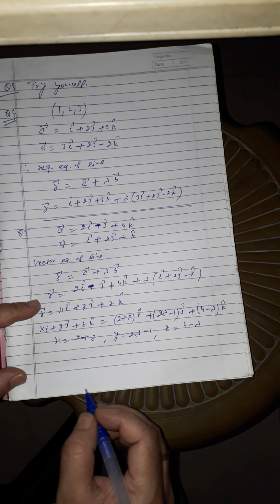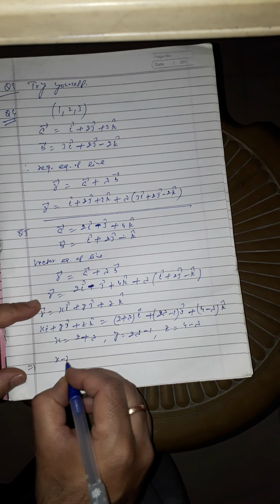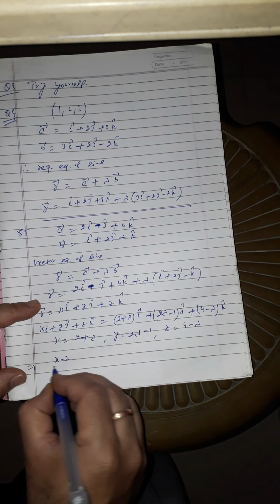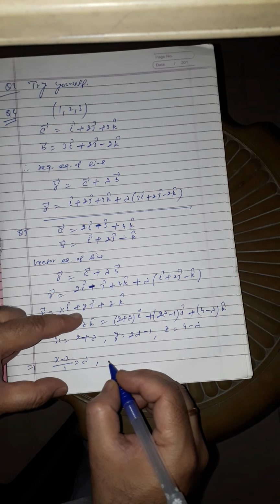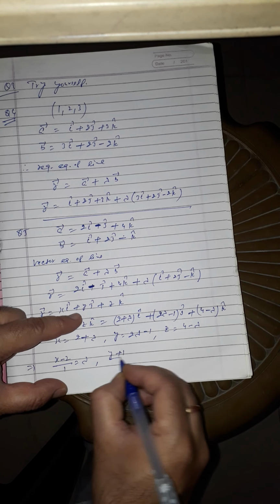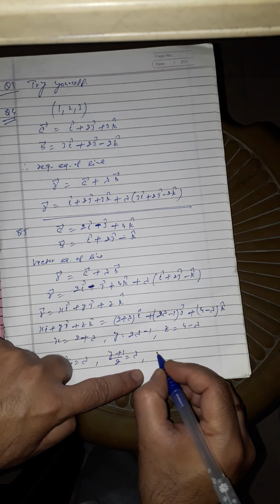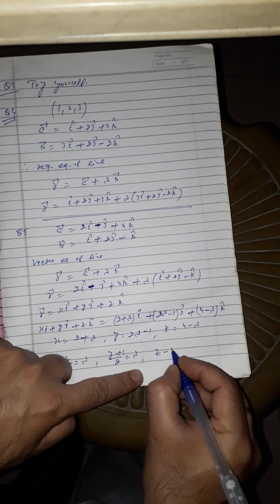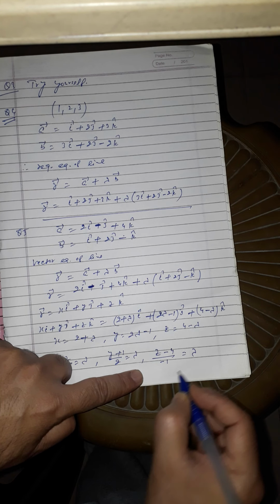Right students, now this implies that (x minus 2) upon 1 is equal to lambda. Now here we can write it as (y plus 1) upon 2 is equal to lambda, and the third one students is (z minus 4) upon minus 1 is equal to lambda.